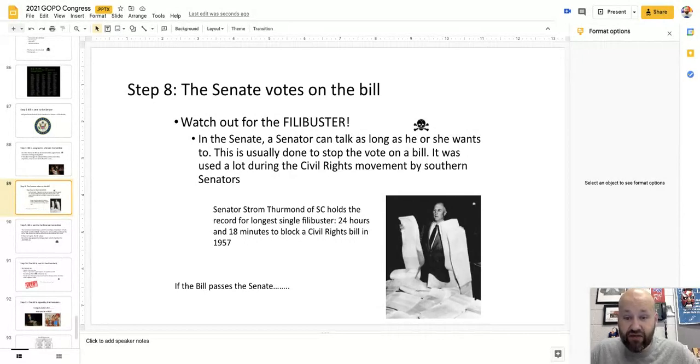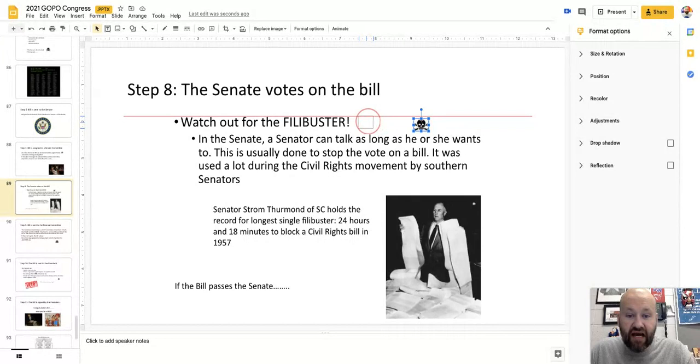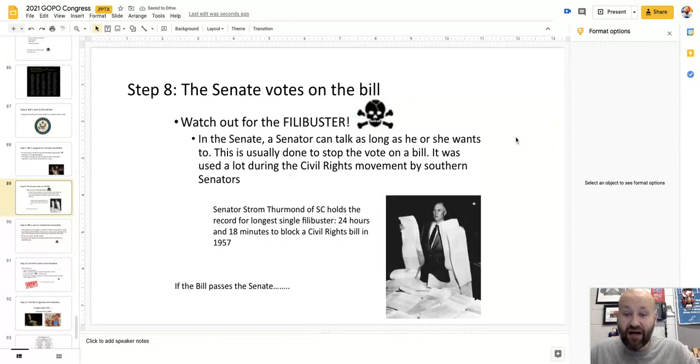And you must know about the filibuster. Now, we had a whole few slides about the filibuster earlier in the unit. But remember that a senator can talk as long as they want to. Okay, so remember that we had a Civil Rights Act of 1964. Remember that?